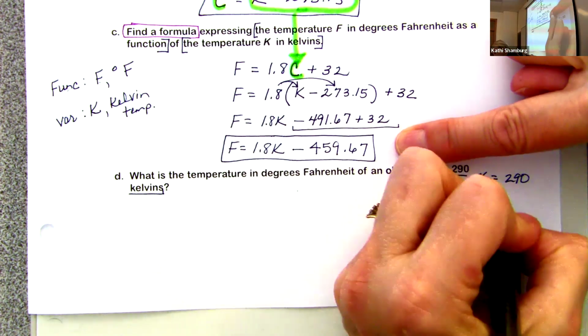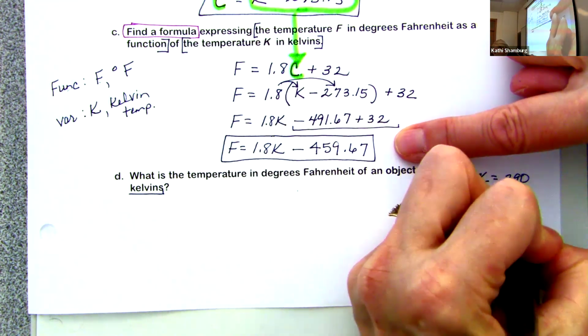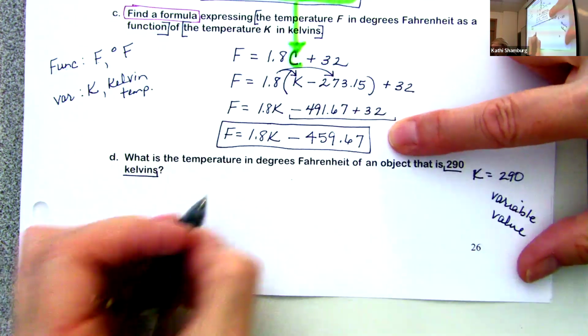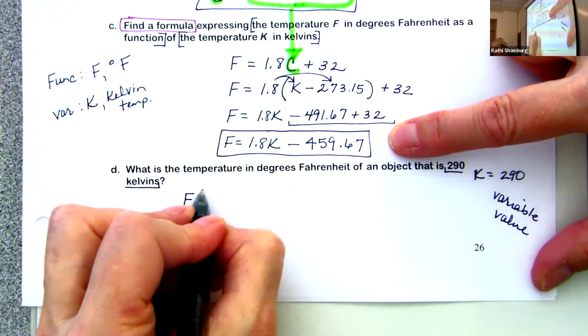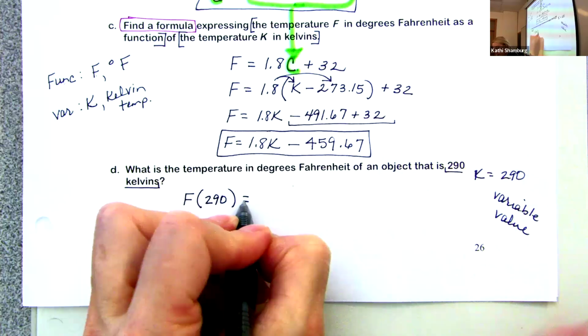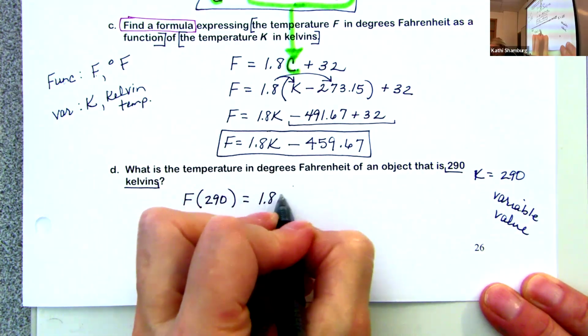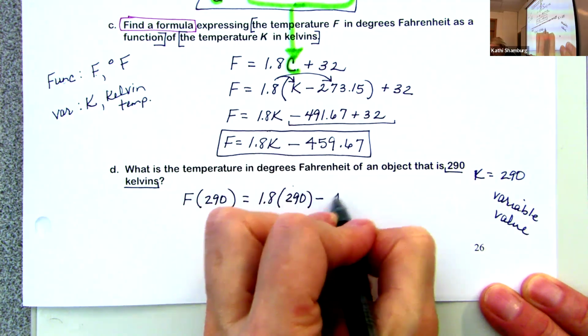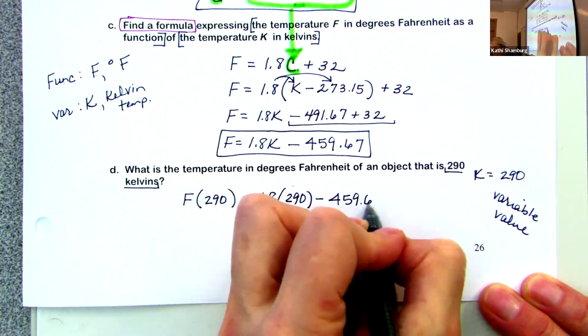Variable. Yeah, thank you. Variable value. So we're going to find Fahrenheit at 290 kelvins. So that will be 1.8 times 290 minus 459.67.